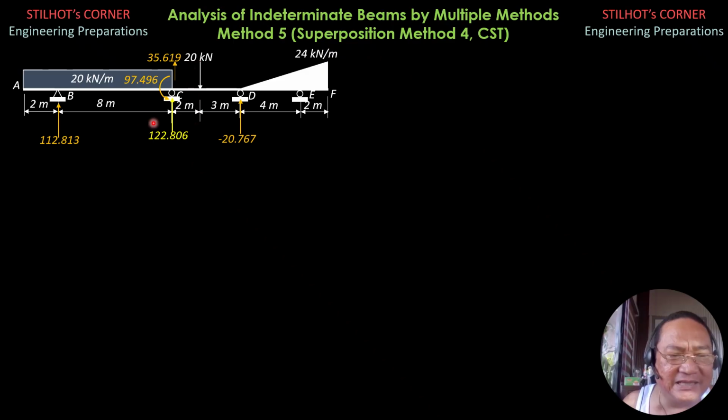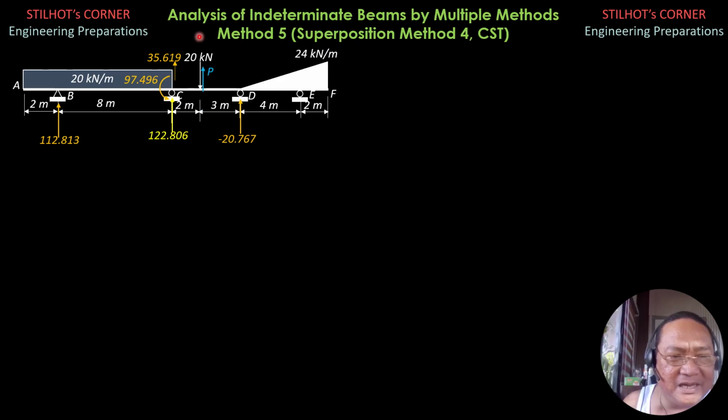I think it's negative, so that's why it is clockwise. Clockwise supposedly, then in portion CD it's counterclockwise, 97.496. Then we treat CD to be simply supported with reactions 35.619, that's the shear force. Then the moment is 97.496.